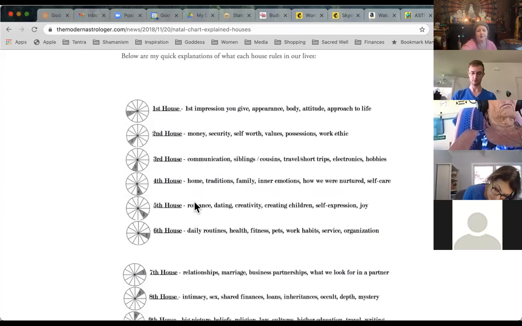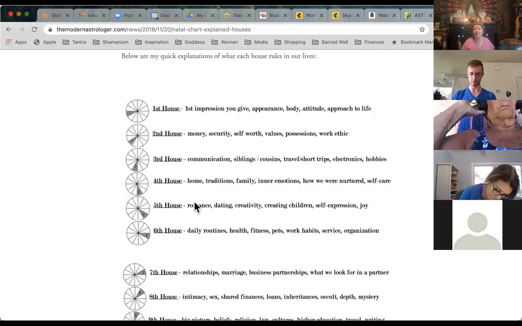The fifth house, which is right at about that 5 o'clock spot on the clock dial, is romance, dating, relationships. I usually put here marriage, long-term relationships, dating, partnership, soulmate.